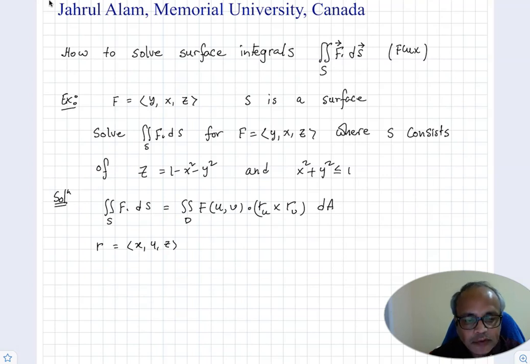One person will come up with one type of parameterization. If I'm looking at this, I think this is a kind of polar coordinate type thing. So I can consider polar coordinates r and theta instead of u and v, but instead of doing that, I'm still using the same symbols u and v.